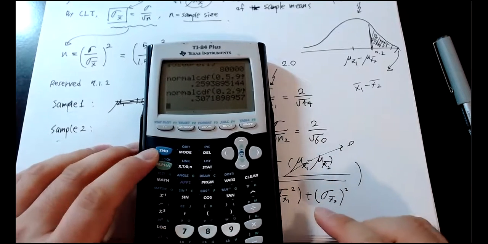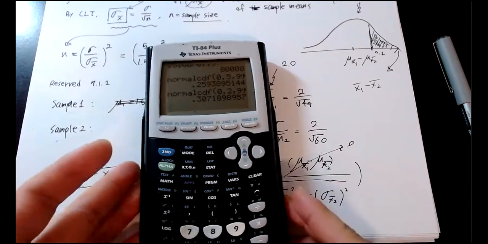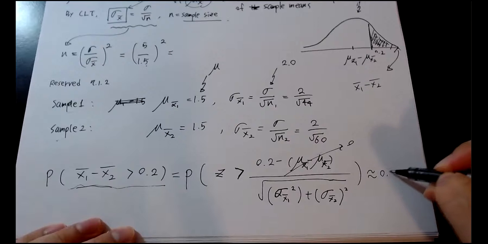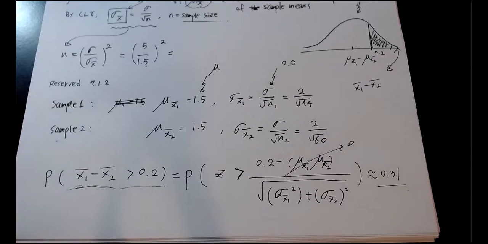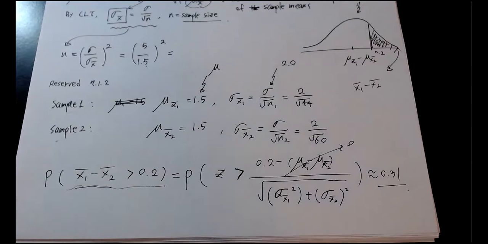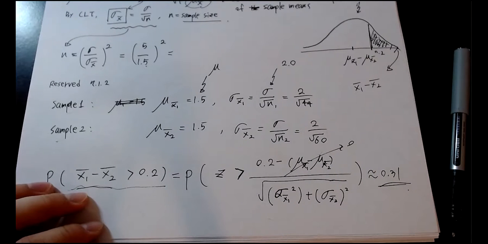So we got 0.307, so approximately we can say 0.31, because the problem says to round your answer to two decimal places. So I got 0.31. Okay, so next one.